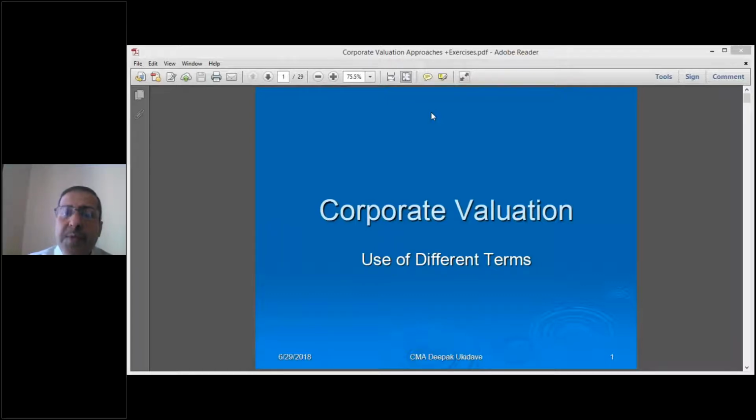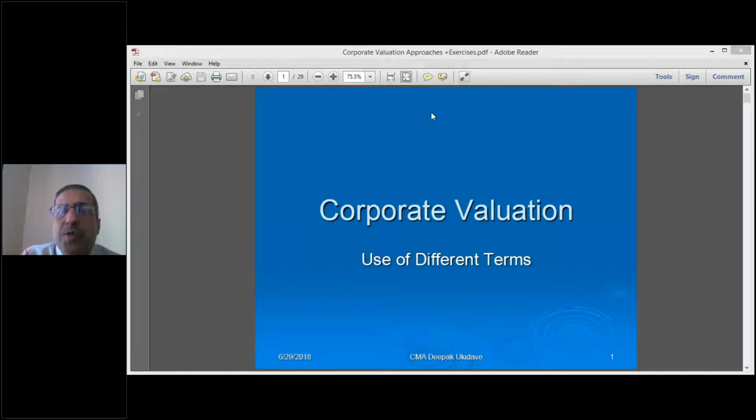So there are different models which are used for valuation of human resources, and these models make use once again of the technique of actuarial science.